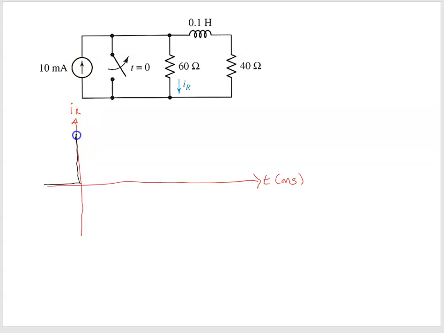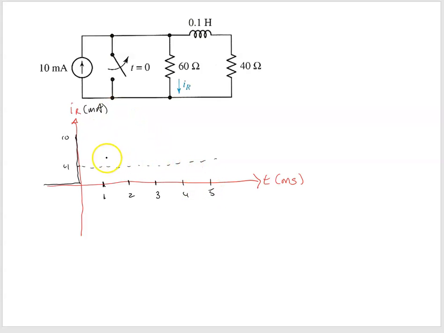So we're at 10 here. There's our 10. If that's 10, let's say this is 4, and that's what it's going to go down to. So our IR is in milliamps, and if this is one time constant, our time constant is just 1 millisecond. 1, 2, 3, 4, 5.